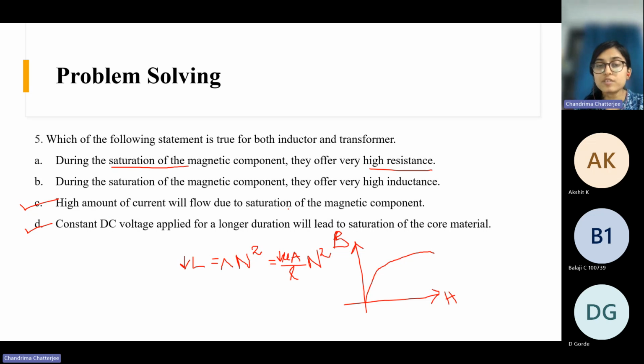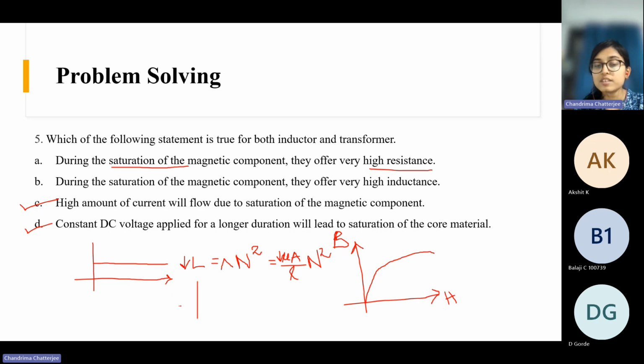High amount of current will flow due to saturation of the magnetic component. Yes, this is true. If the magnetic component is saturated, it will draw huge current. And option D, constant DC voltage applied for long duration, will lead to saturation. Yeah, because if you don't maintain volt-second, suppose you are giving this kind of voltage across an inductor or the winding of the transformer, it will lead to saturation, because the volt-second is not maintained.